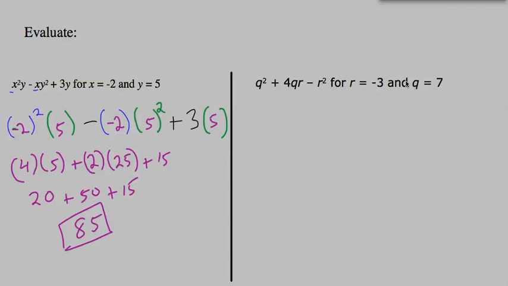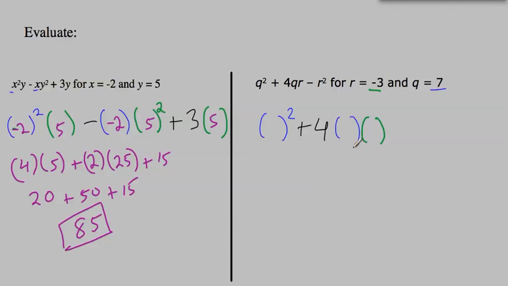All right, we're going to plug in -3 for all the r's. We're going to plug in 7 for all the q's. So we're going to do -3 for all the r's and a 7 for all the q's. I'm going to have something squared plus 4 times something times something, which is r.